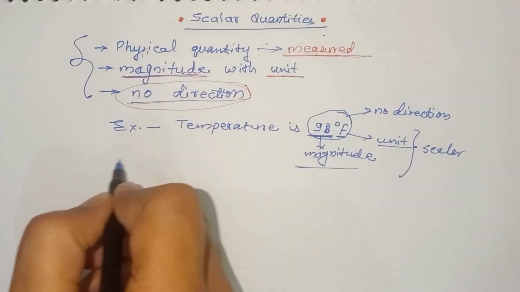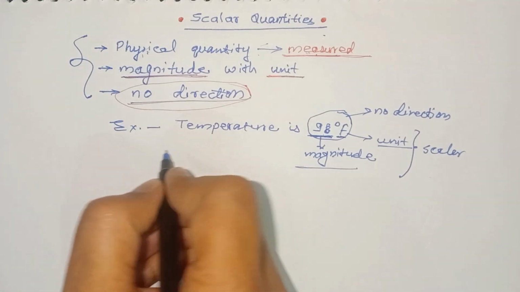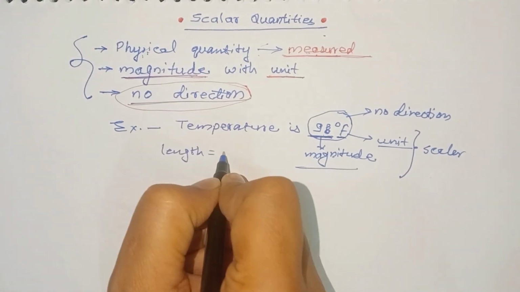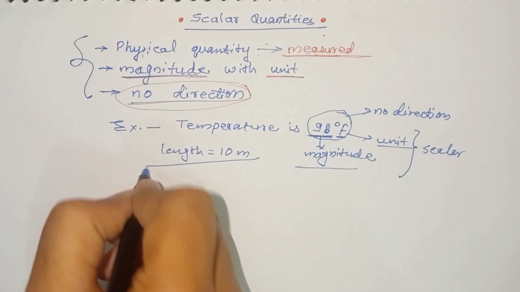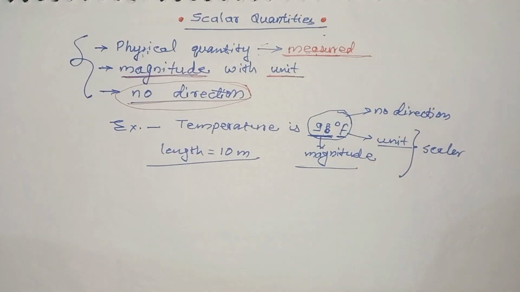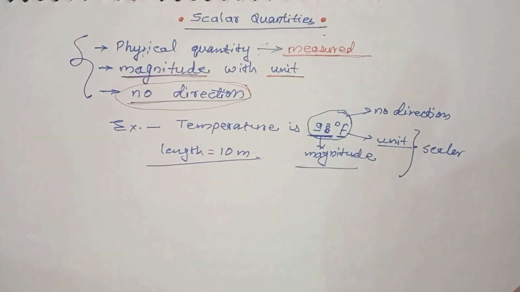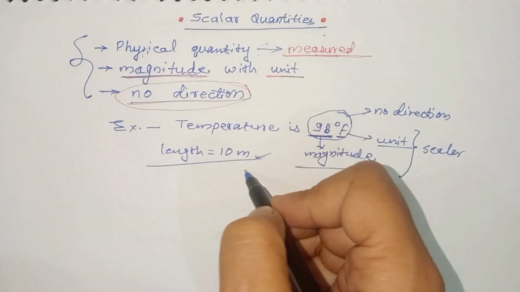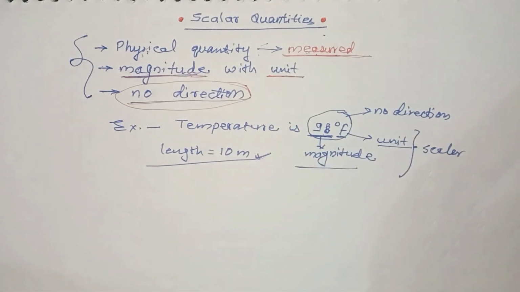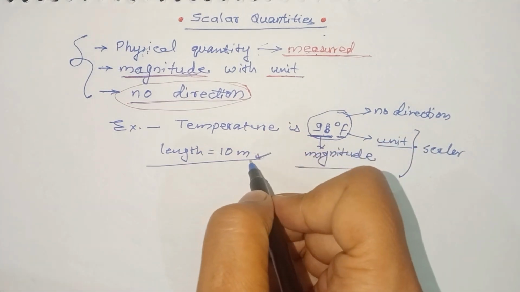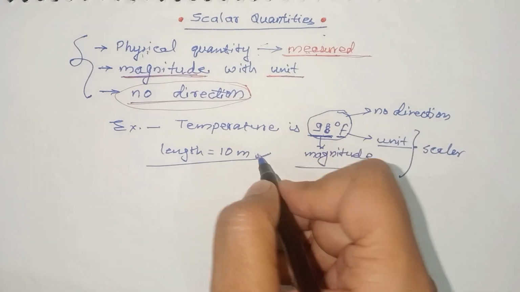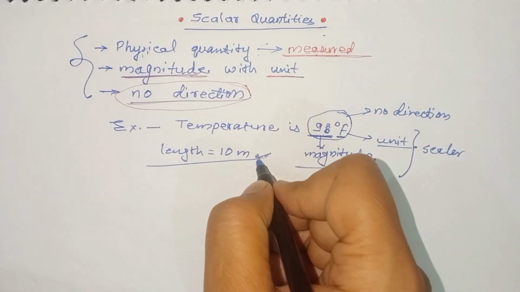Now another example we can take. Suppose that length equals 10 meters. Is it showing any direction? Is it showing east? North? 45 degree? 30 degree? Nothing. No angle involved, no direction involved.